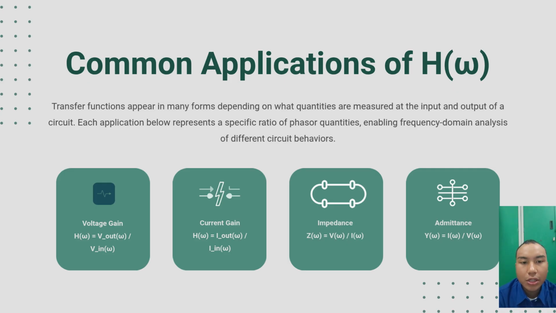First, voltage gain: H(ω) equals Vout(ω) divided by Vin(ω). Second, current gain: H(ω) equals Iout(ω) divided by Iin(ω). Next, impedance: Z(ω) equals V(ω) divided by I(ω). And last, admittance: Y(ω) equals I(ω) divided by V(ω).